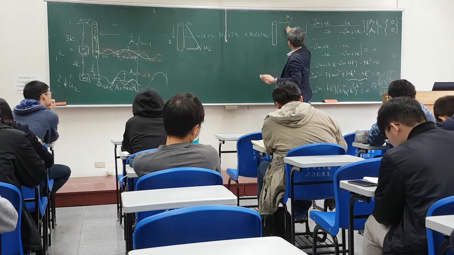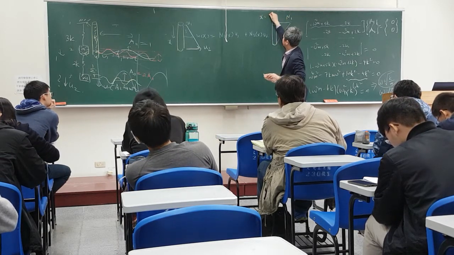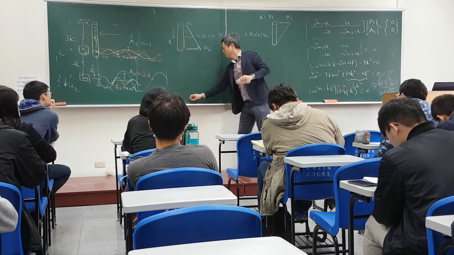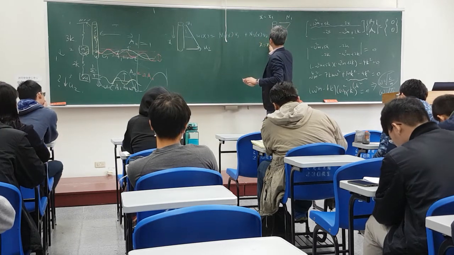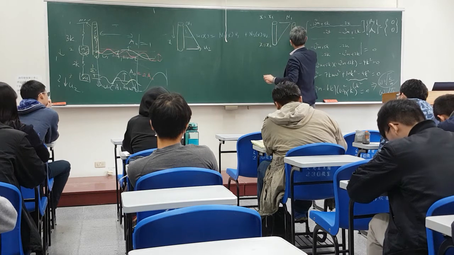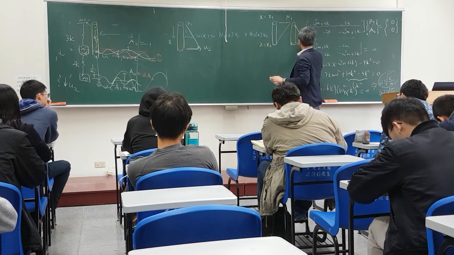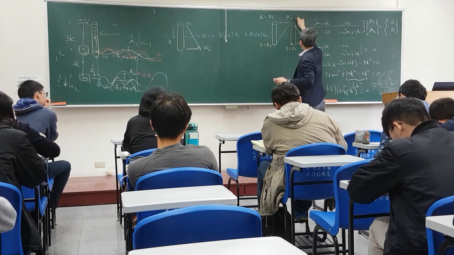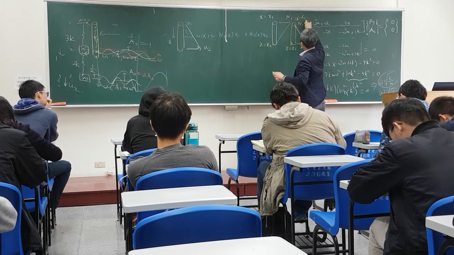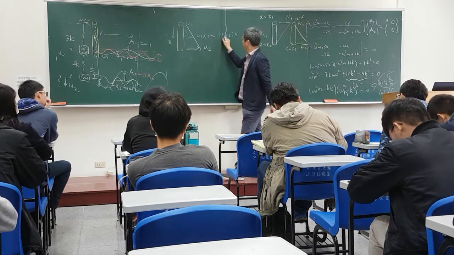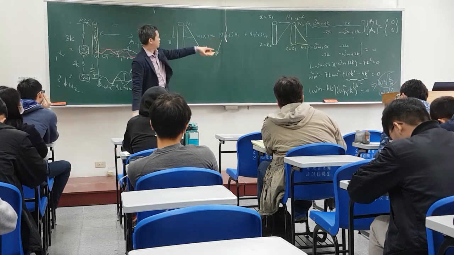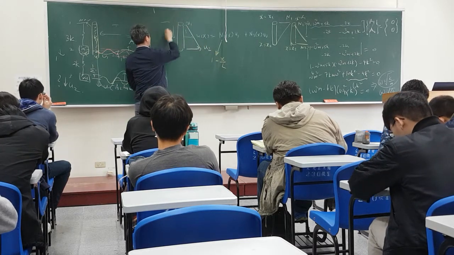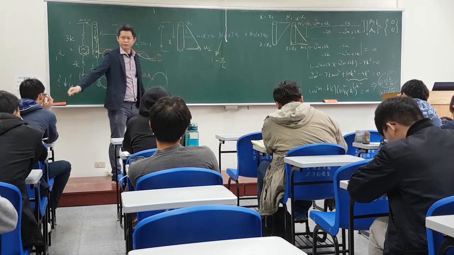N1 is 1 when x is x1, and N1 is 0 when x is x2. Likewise, N2 is 1 when x is x2, and when x is x1, N2 is 0. So what makes this N1? You can write it down: it's going to be 1 minus x over L, if L is the element length.